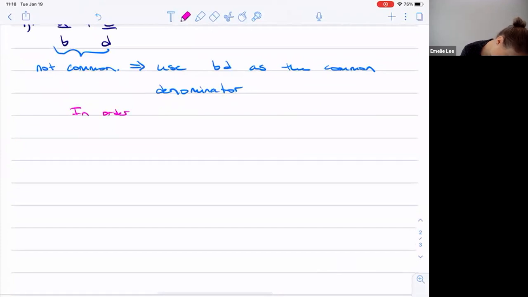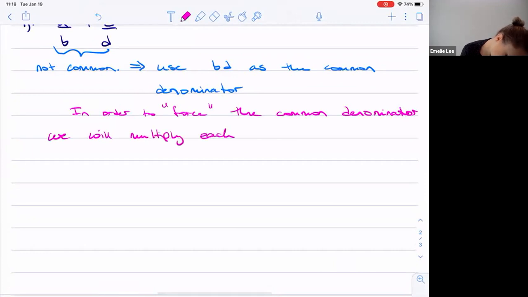And so here, in order to force the common denominator, we will multiply each term, and maybe I should say each fraction, just to be clear.